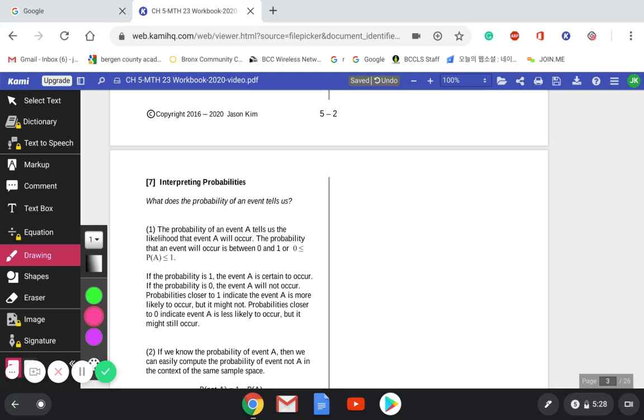So what is the probability of an event telling us? It is telling us the possibility that the event will happen, and the probability of any event is always less than or equal to 1 and always bigger than or equal to 0.